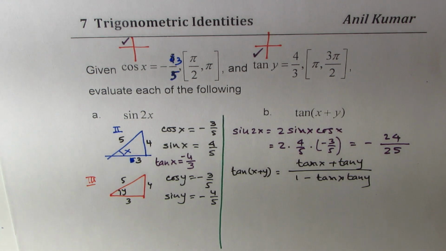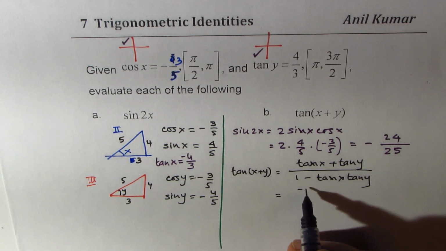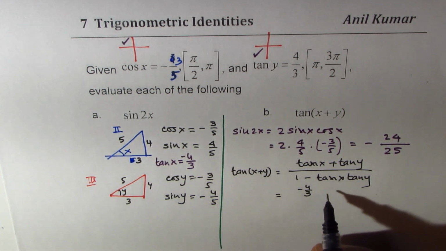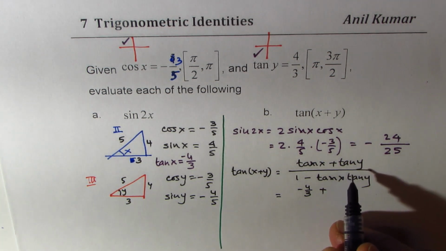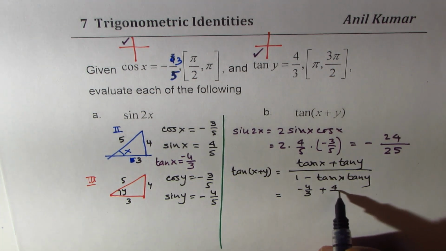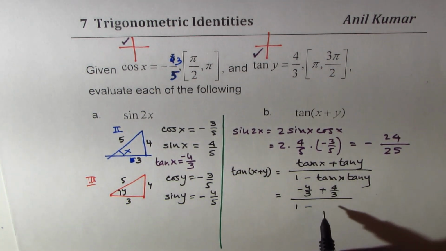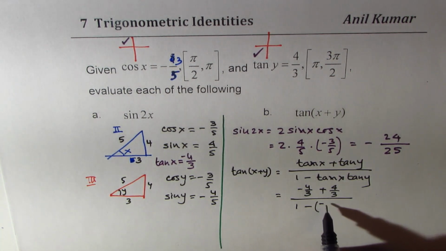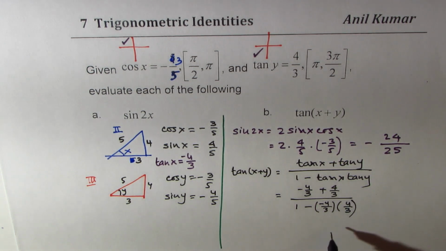Okay. Now let's write down the values. So we get here tan x as minus 4 over 3, plus tan y, which is given to us as 4 over 3, divided by 1 minus product of these two, which is minus 4 over 3 times 4 over 3, right?